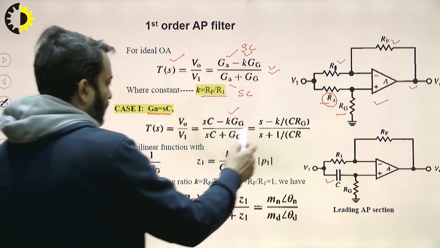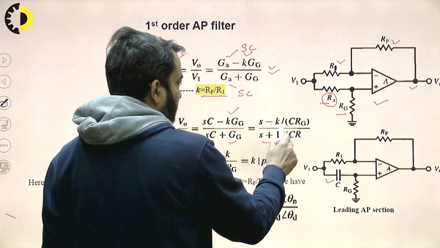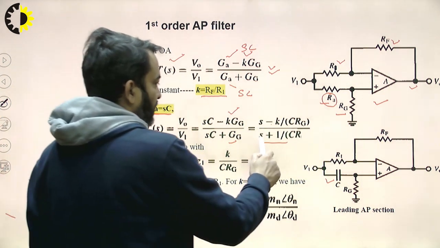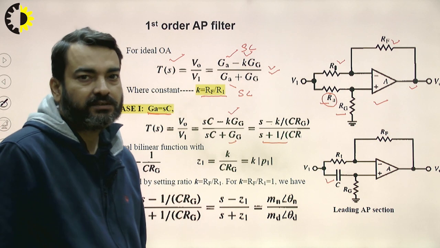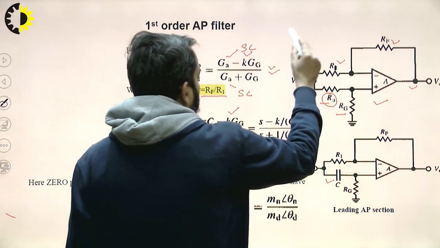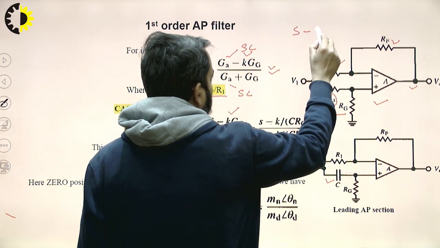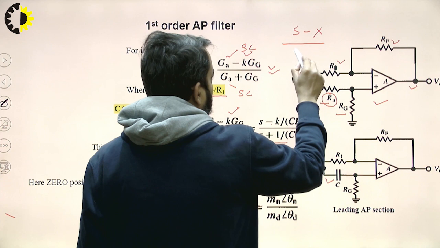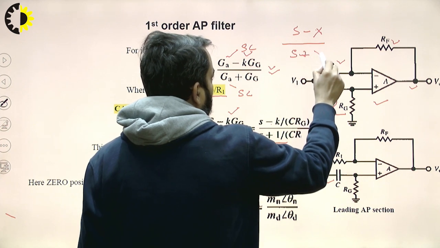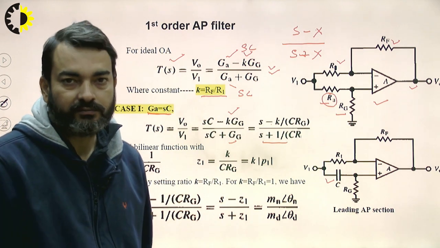Now, representing this in standard format, this will be S minus K by CRG and this will be S plus 1 by CRG. We know the standard all pass is S minus, let's say, X divided by S plus X. So this second term must have an equal value.